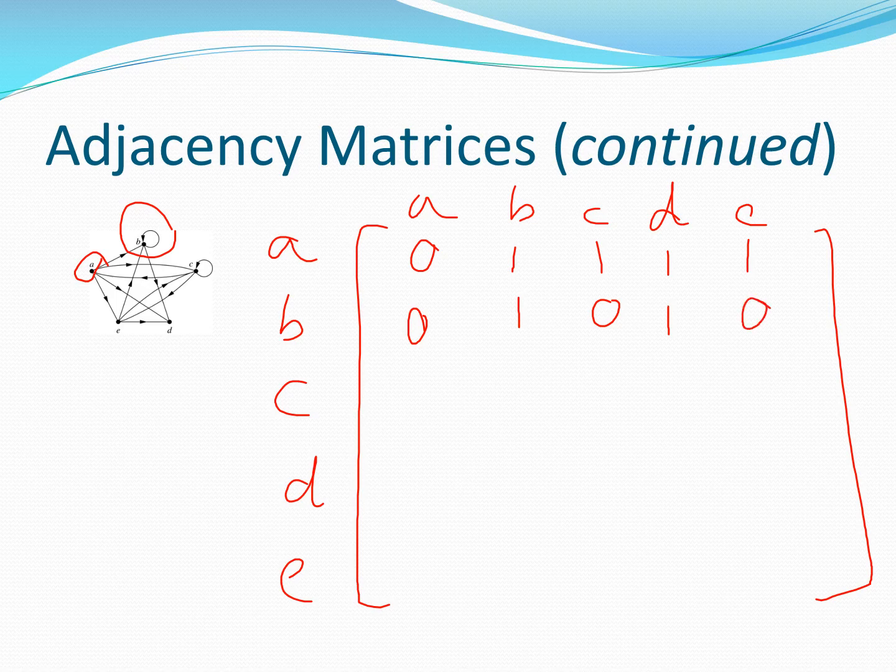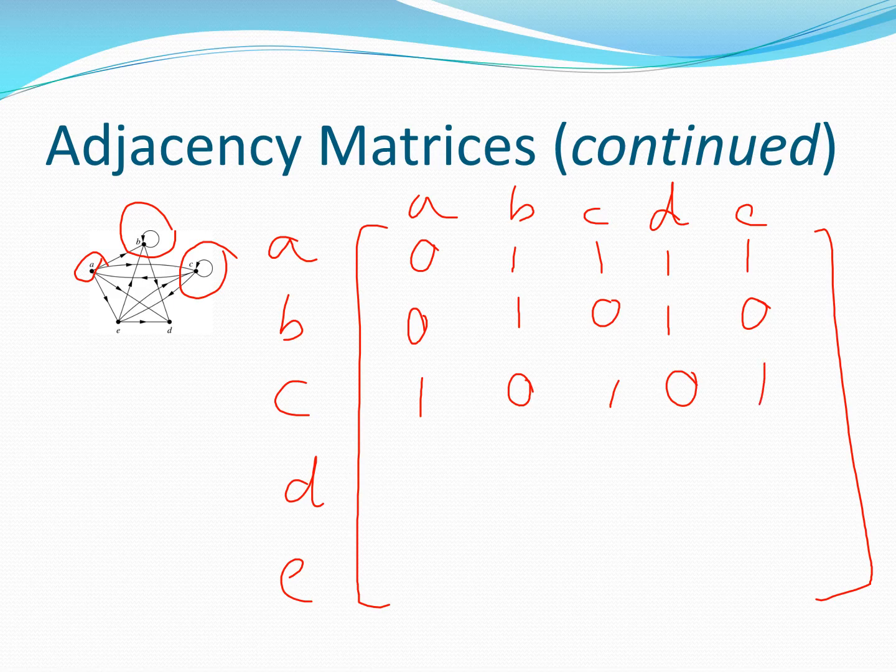Now let's take a look at the next one, which is C. C to A, yes, there is an edge. C to B, there is no edge. C to itself, yes, there is a loop. C to D, no. And C to E, yes.